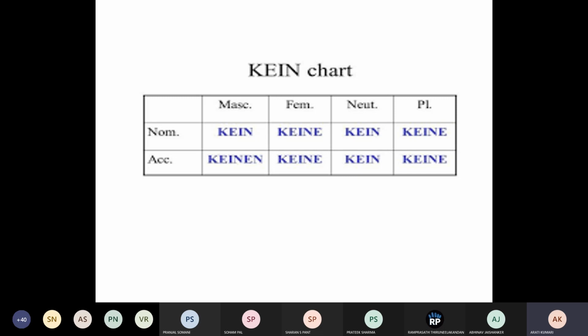And plural, simply you will write Männer, Frauen. This is the table for the indefinite article. We must know it very well, and I hope you all already understand. It's very simple.